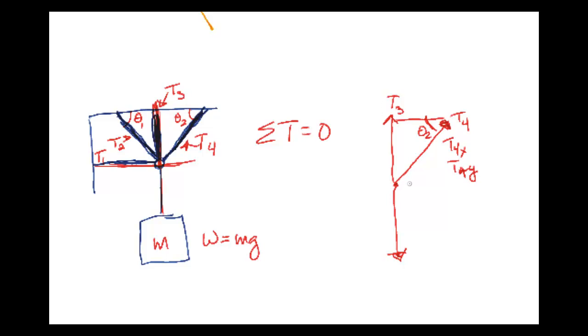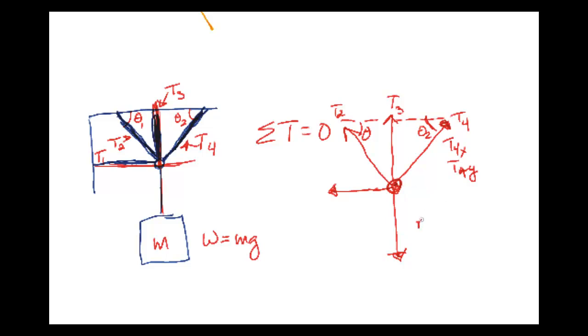T3 is purely in the y, and then, oops, wrong direction. We gotta go this way now. Components are usually dashed lines. So here we can find what T2 is using this theta, and then T1 is purely in the negative x direction, and that would be your free body diagram.